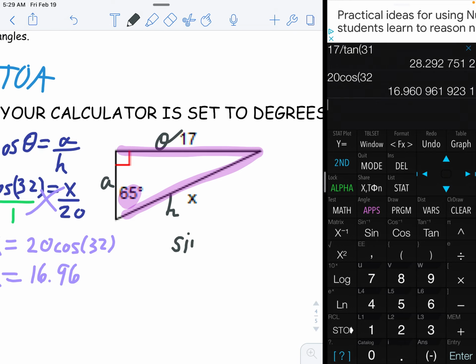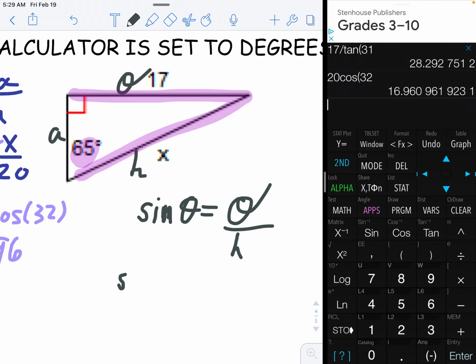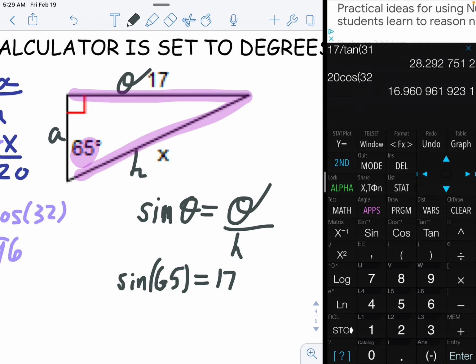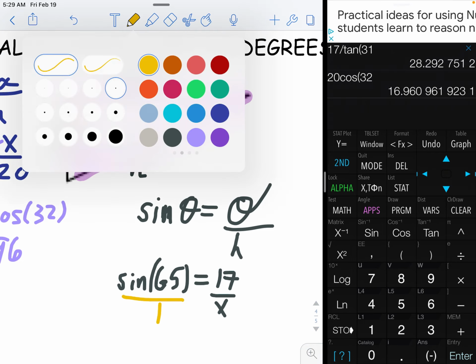So all you got to do is write, well, we'll be a little bit more specific, sine of theta equals the opposite over hypotenuse. So sine of 65 equals the opposite 17 over hypotenuse x. And then just cross multiply and solve.